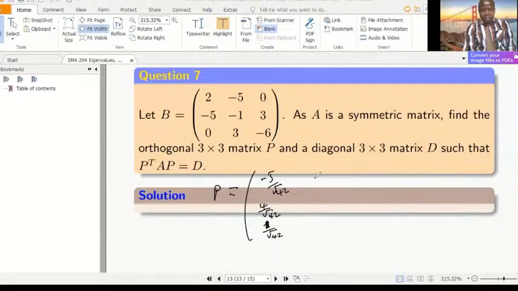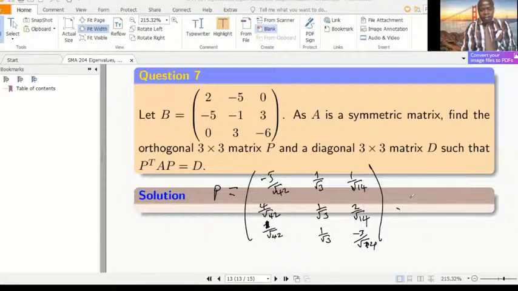This other one will be 1 out of root 3, 1 out of root 3, and 1 out of root 3. And the last one will be 1 out of root 14, 2 out of root 14, and -3 out of root 14, because this was 1, 2, -3.